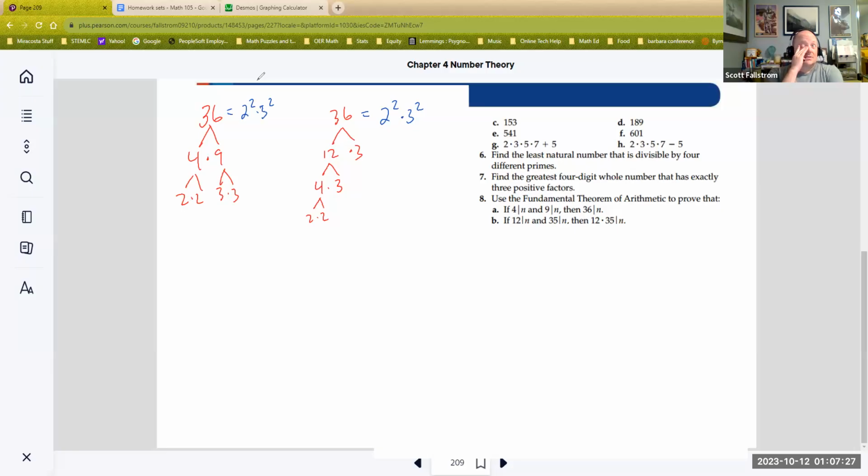I want to make sure that it's clear. We're talking about something that is equivalent up to what we call ordering. So if someone had written 3 squared times 2 squared, we don't want to think that that's a different grouping of primes than 2 squared times 3 squared. These are, in fact, completely equal.